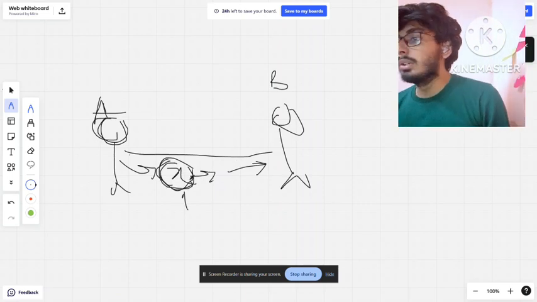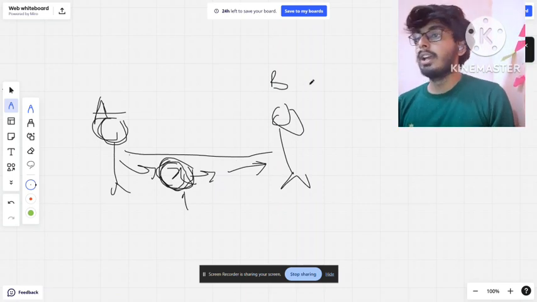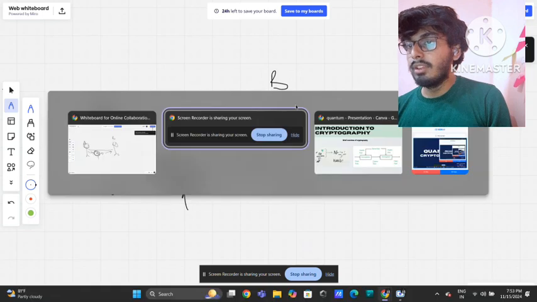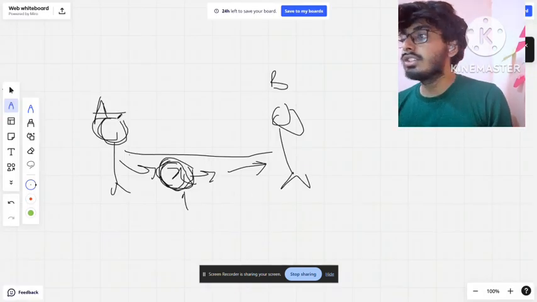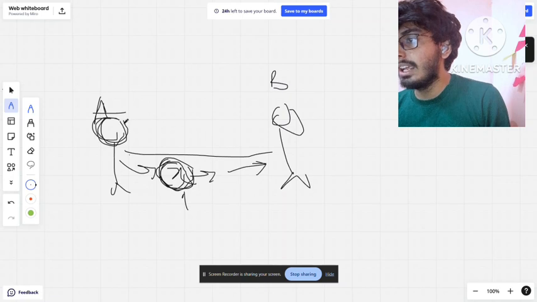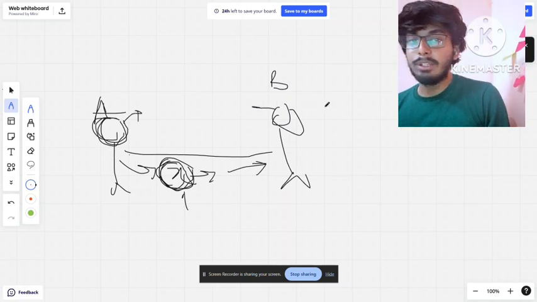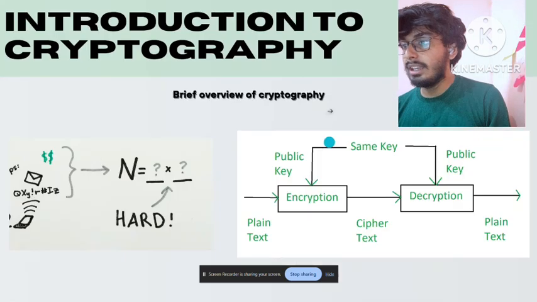So in order to ensure that, we use a key distribution system, in which person A shares a private key with person B to decrypt the data. So what is encryption and decryption?